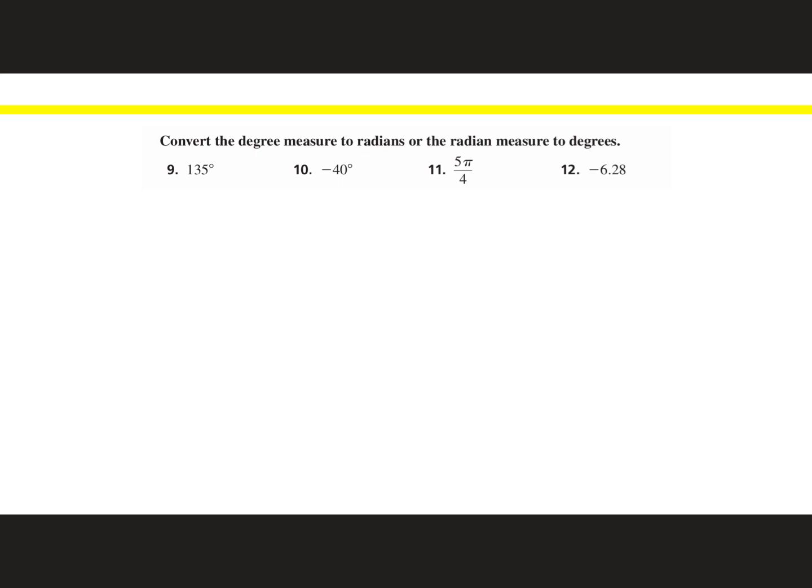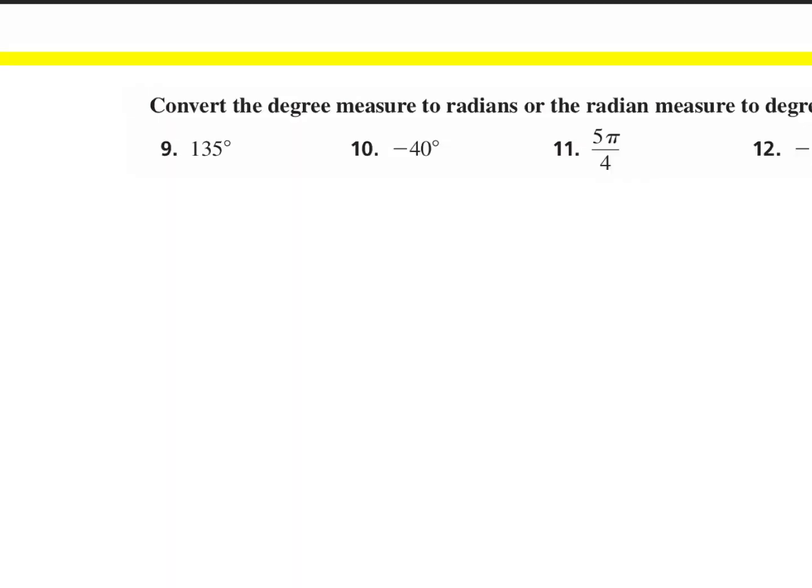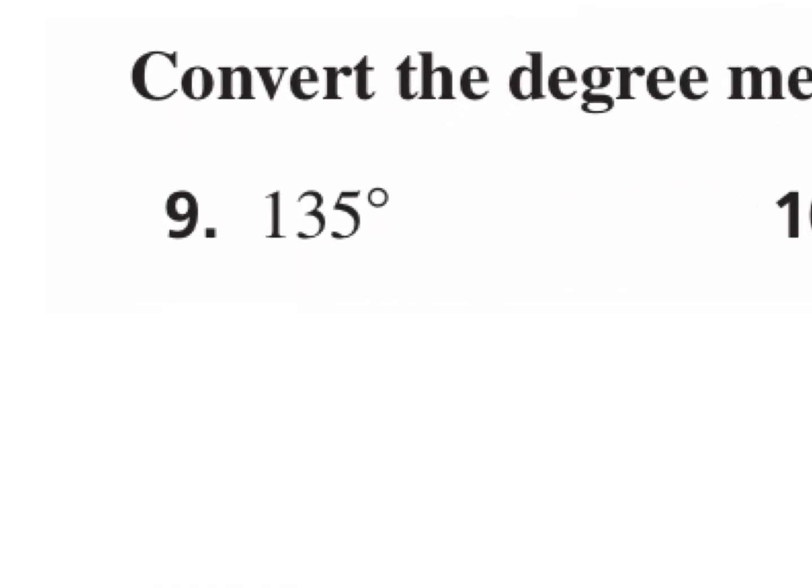Let's do number 9. So number 9 has degrees. How would I convert this to radians? Multiply by pi over 180. So before you multiply, let's simplify. What goes into both 135 and 180? 5. Let's divide them by 5.